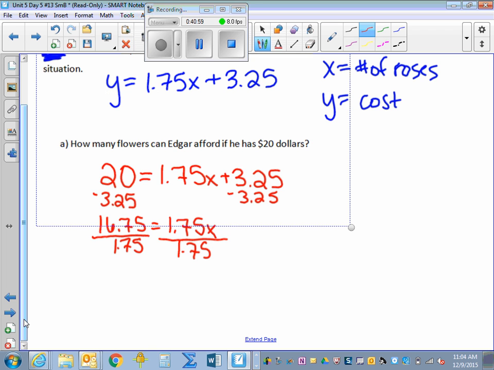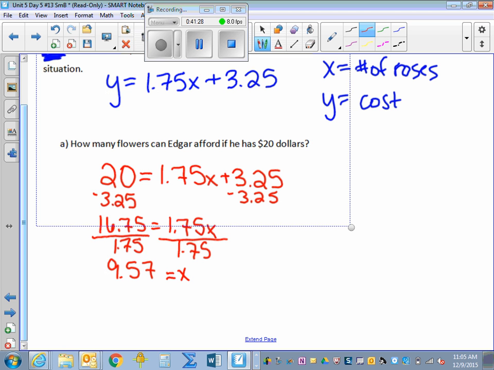Alright, what do we get when we do 16.75 divided by 1.75? 9.57. Good, 9.57.